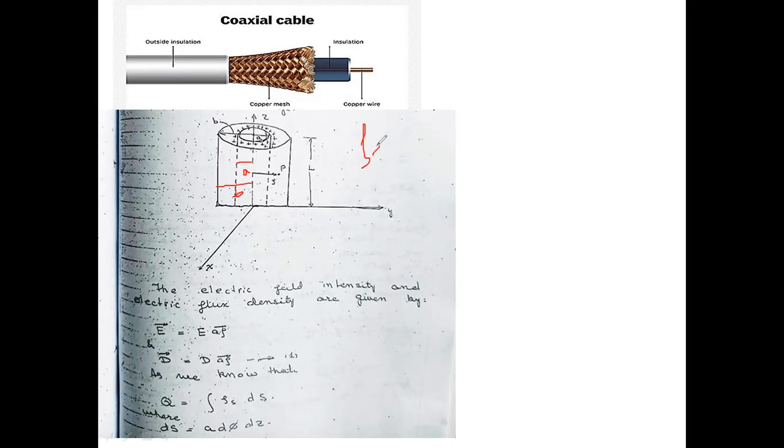Rho will be the radius of the point of observation. So instead of rho, for the inner conductor we will use a, and for the outer conductor we will use b. Now we are considering the inner conductor, so instead of rho we will use a.